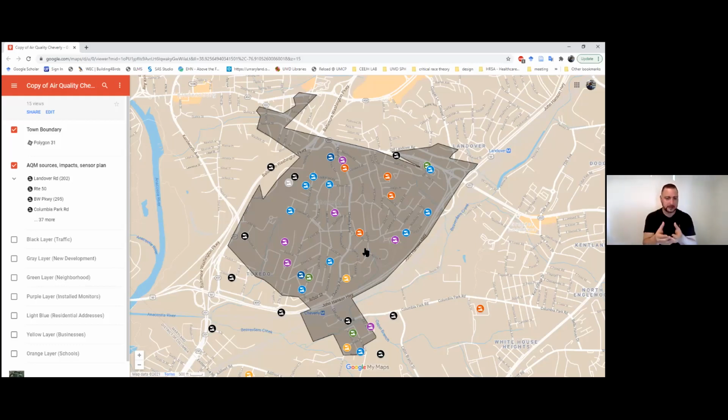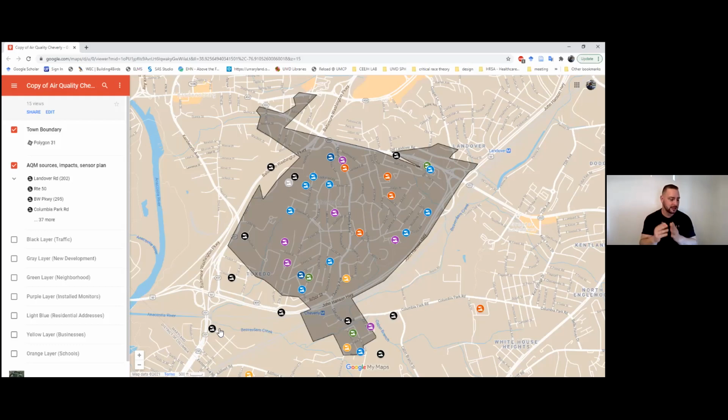Public services, private entities, residences, it's all one Cheverly. All of you are breathing the same air and impacted in the same way. So that's the method to the madness for developing this air monitoring scheme throughout the town.